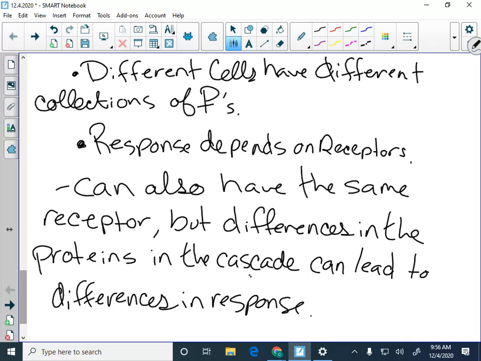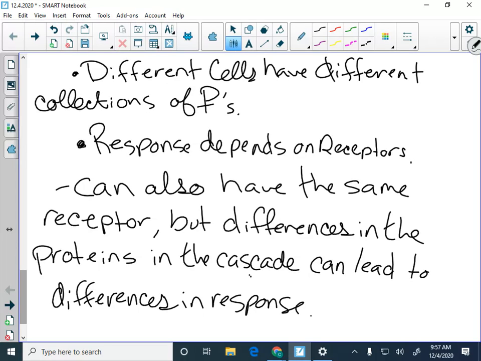So if pathway A happens and it's triggered by a signaling molecule, and pathway B happens and it's triggered by a signaling molecule, let's say both of these need to work together to get a job done, right? But if pathway B doesn't have its signaling molecule, now we don't get our cellular response because we don't have this half.